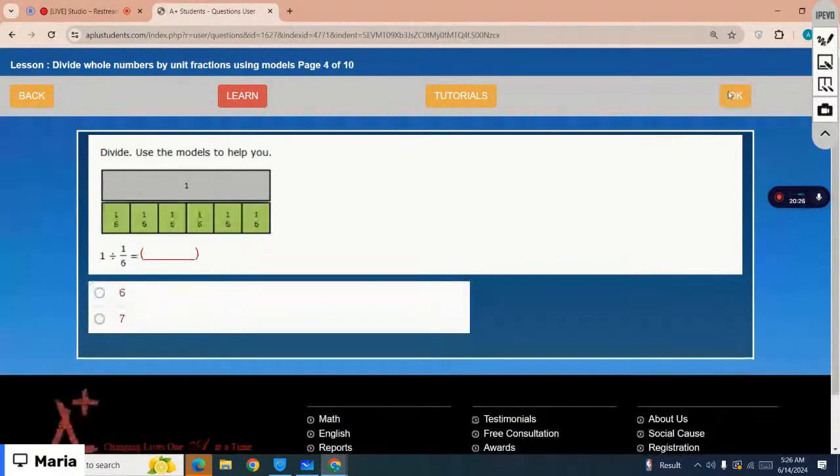Next, divide, use the model to help you. 1 divided by 1 by 6 equals. The correct option is 6. Very good.